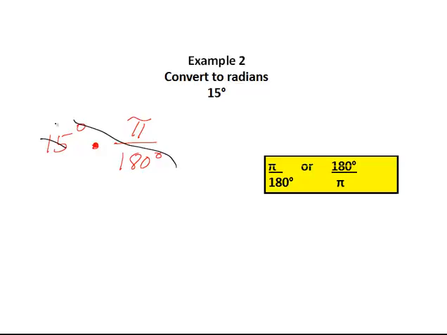So 15 into 15, 1. 15 into 180 goes 12. Multiply the tops together, you've got pi. Multiply the bottoms together, you've got 12. And again, you did what the directions asked, convert to radians. And keep in mind, like I said already, all you need to know is your conversion factor. You don't have to try and think which goes on top, which goes on the bottom. And if you remember, when we converted from degrees to minutes and seconds, this is the exact same process.